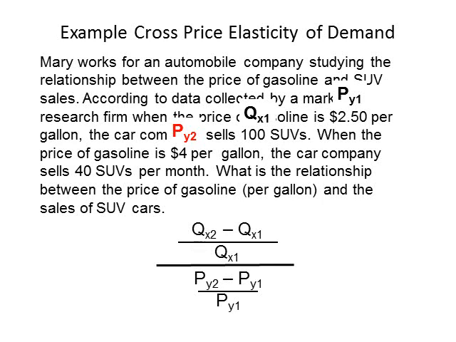Next, we need to locate the second price for good Y. The next sentence tells us that the price of gasoline increased to $4 per gallon, so this should be labeled PY2. Since the number of SUVs associated with $4 a gallon is 40 SUVs per month, it should be labeled QX2.